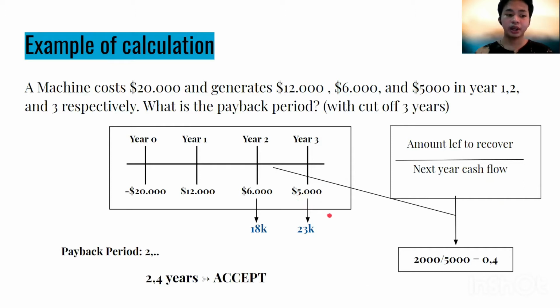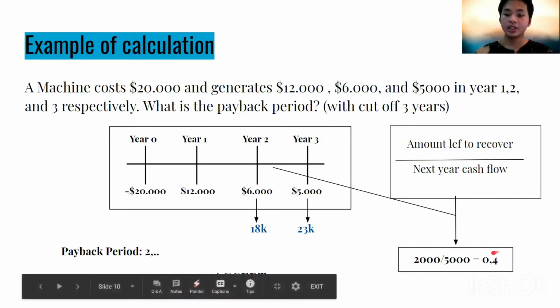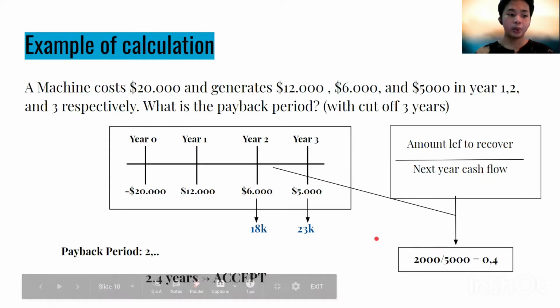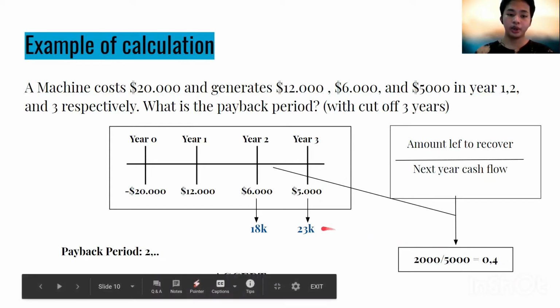So when we divide those, we will get 0.4. So that 0.4 goes to here. It will be 2.4 years to recover the initial investment, or we can say that this 2.4 is our payback period.